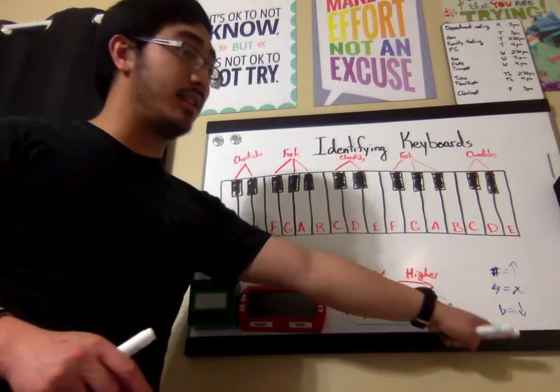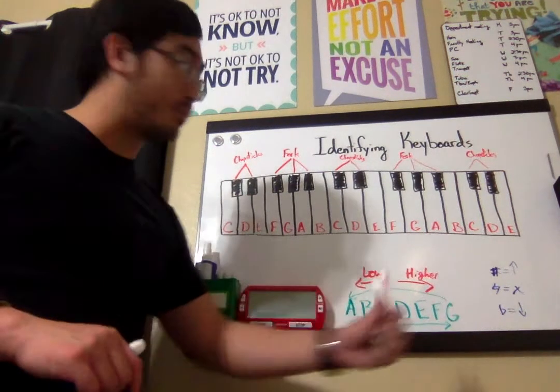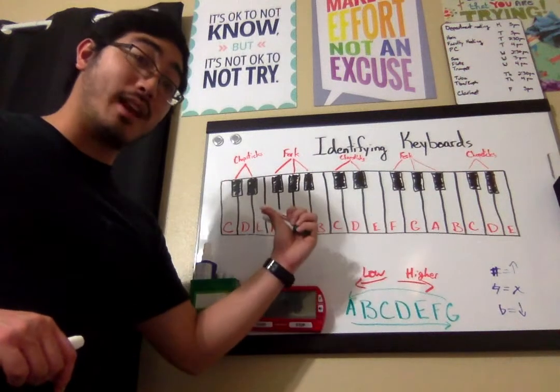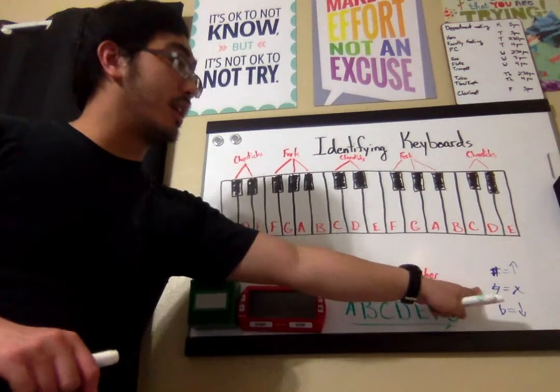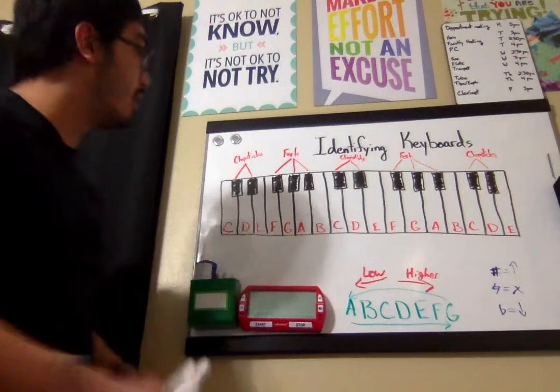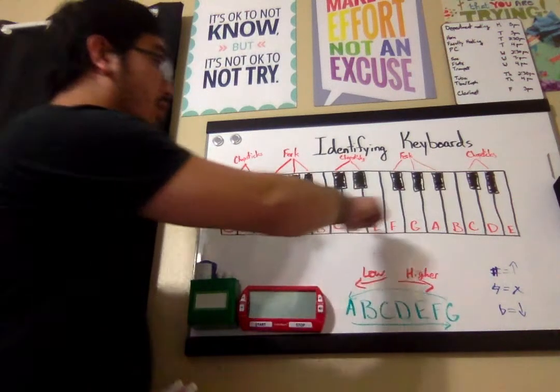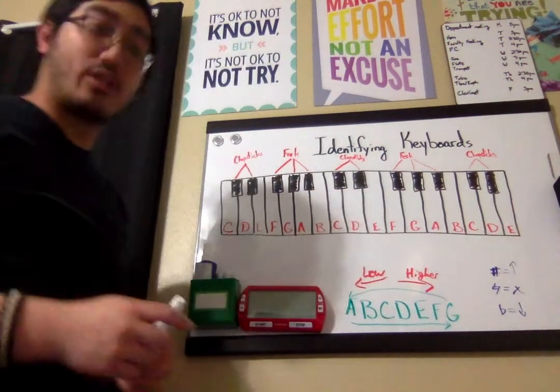A flat takes you down one half step, one note to the left. A natural cancels out a sharp or a flat. All of these letters here on the white keys are natural.